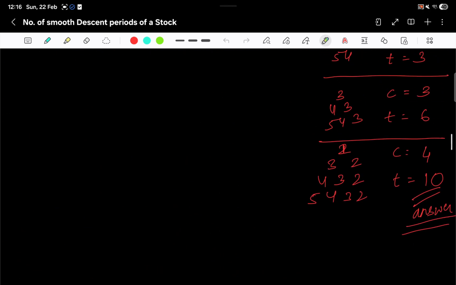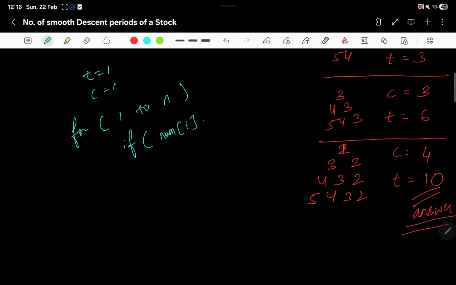The code would look something like this. I'll have two variables, total and the current count, that are initialized to 1. So t is equal to 1, c is equal to 1. I loop from 1 to n, right? I'll first check if the current number is equal to the previous number minus 1, right?